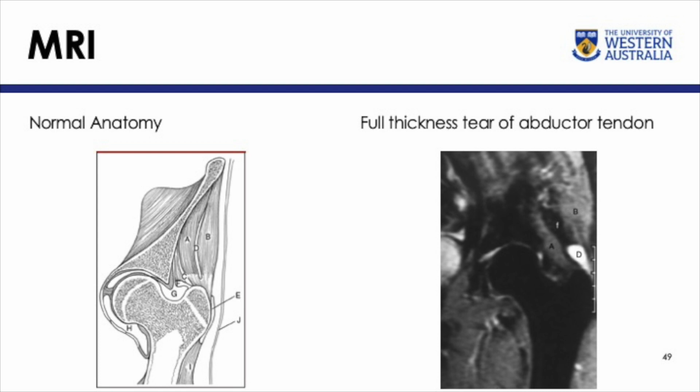If you look at the MRI image on the right, you see there's a 2 centimetre area of high signal intensity superior to the greater trochanter, which is labelled D. And this is where the gluteus medius tendon has pulled off with the trochanter. Gluteus medius is B. Gluteus minimus is A in the picture.